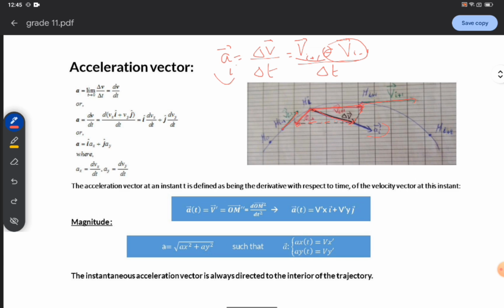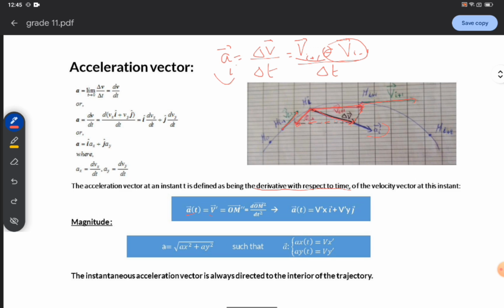The acceleration vector at an instant t is defined as the derivative with respect to time of the velocity vector at this instant. So a(t) equal v prime equal OM double prime vector. So a(t) equal v prime x i plus v prime y j.